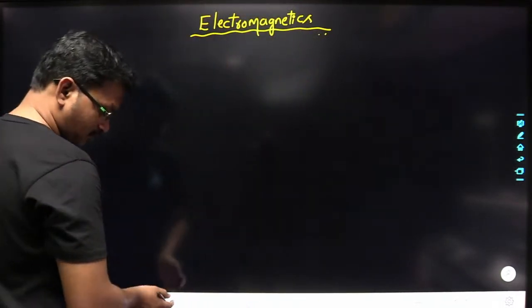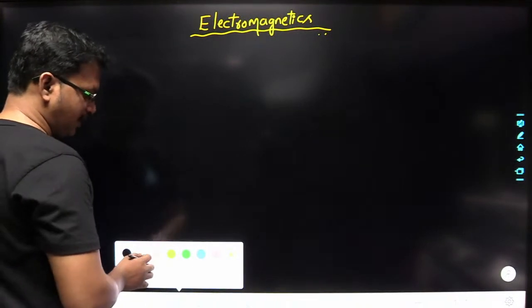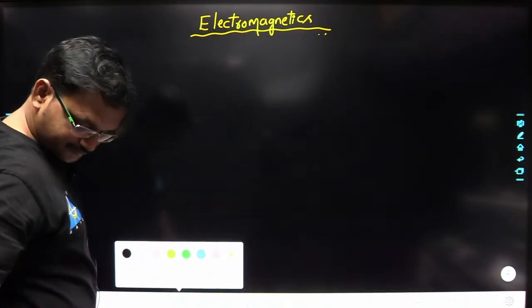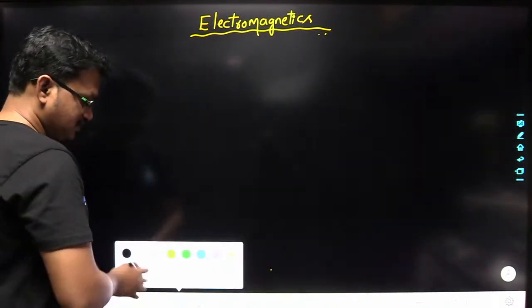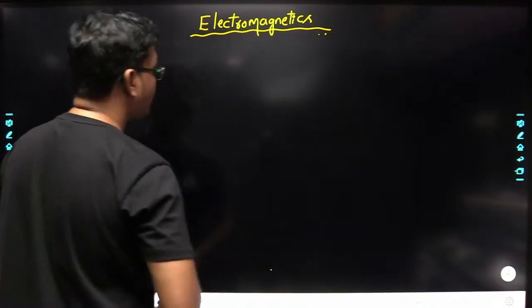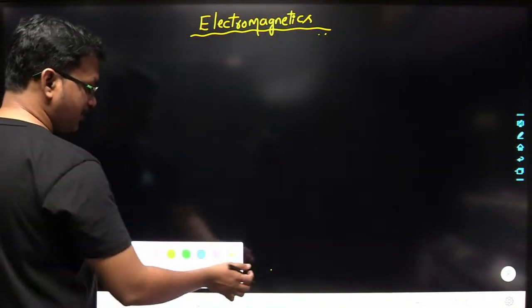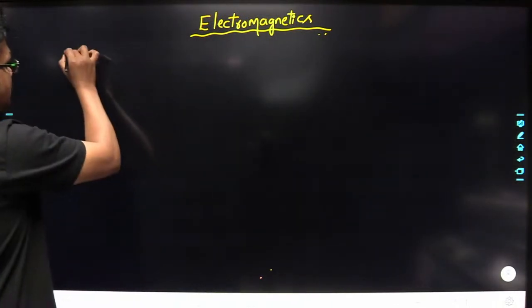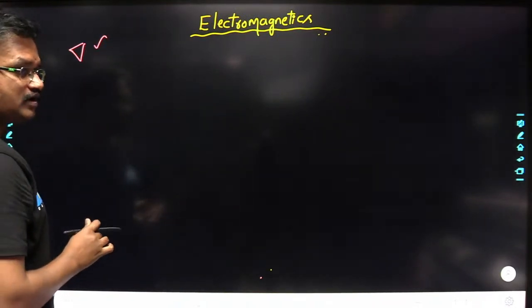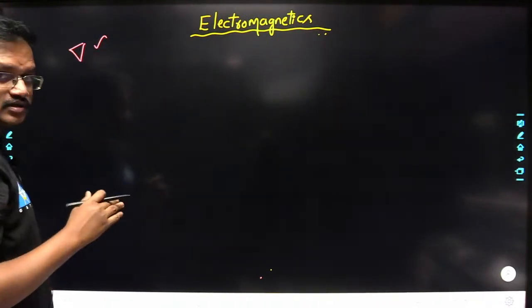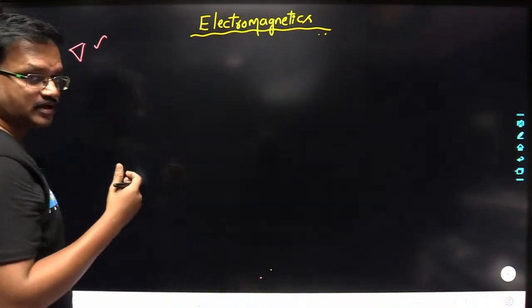So we are dealing with the subject electromagnetics, right? In the previous sessions we have studied about the del operator. We have seen that whenever this del operator operates on a scalar function, the operation is nothing but gradient.